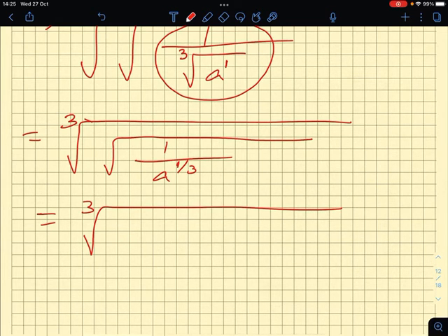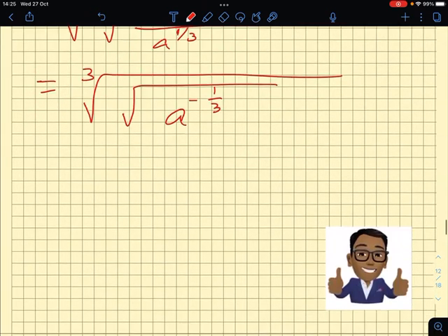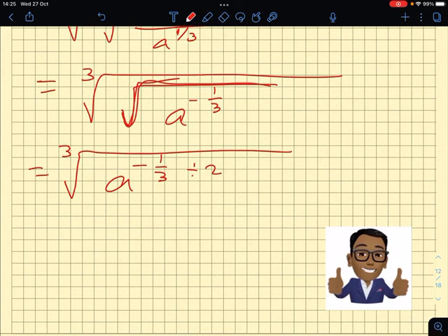We have a square root of a to the power of negative 1 over 3, right? And then what happened? Well, to get rid of the square root, the cube root stays, the second one, so a to the power of negative 1 over 3 divided by 2, correct or not? Because it's a square root, the 2 will come from the square root. You don't have to write that there, right?